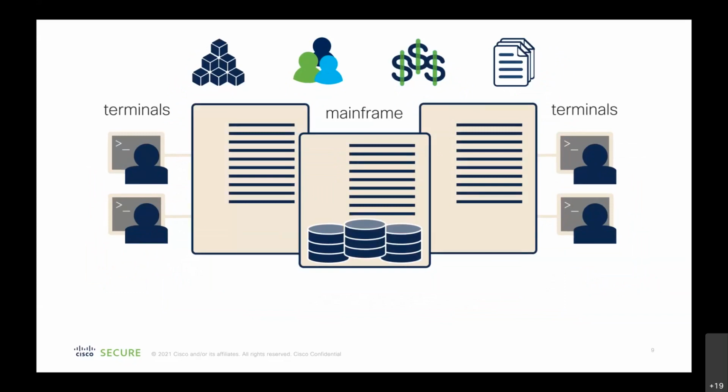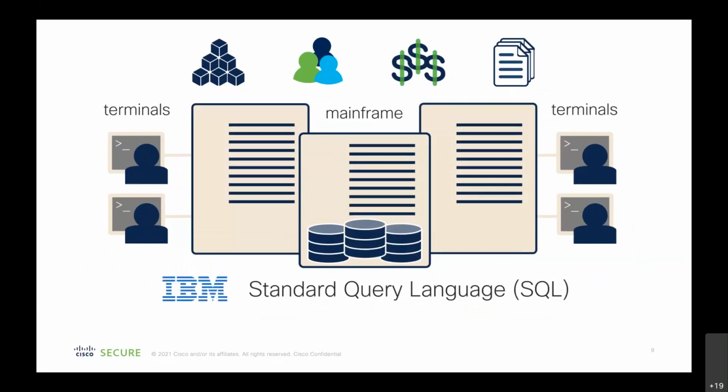And what happened is some smart folks over at IBM created the standard query language. What this does is standardize the operations that you do on putting data into a computer and getting it out. The main operations there are the insert, when you want to create an object or a resource; the select, where you want to do a query or a get or a search to return something.